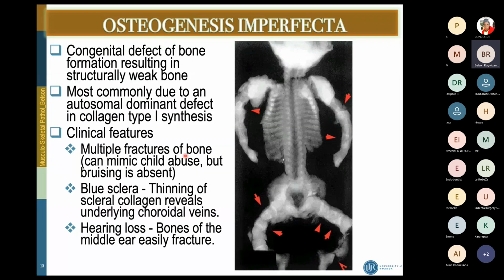So another condition is osteogenesis imperfecta. So you can understand the bone formation is not perfect. This is a congenital defect of bone formation resulting in structurally weak bones.